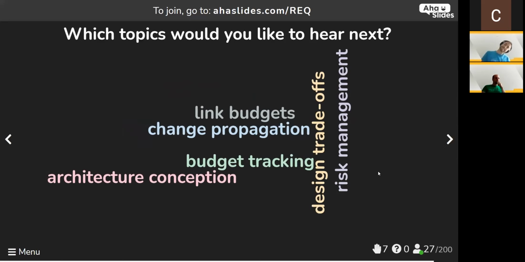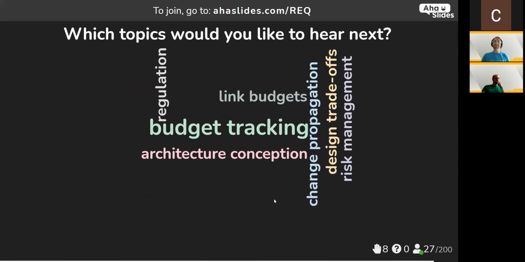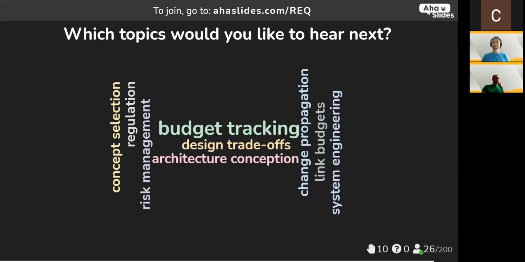The other topics, I think we'll have to take in, think about, and come up with a specific date and time, and you can expect an invitation from our team. I think budget tracking is something that will be a very interesting one to talk about as well, especially with a lot of the automated workflows that we've implemented in the past.